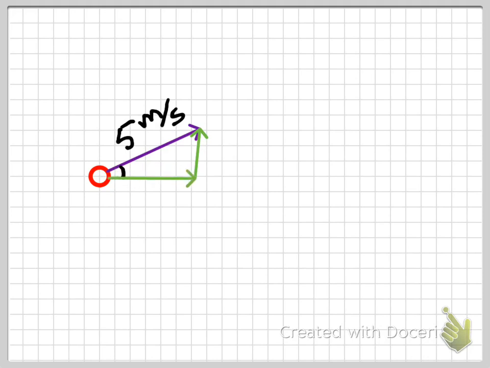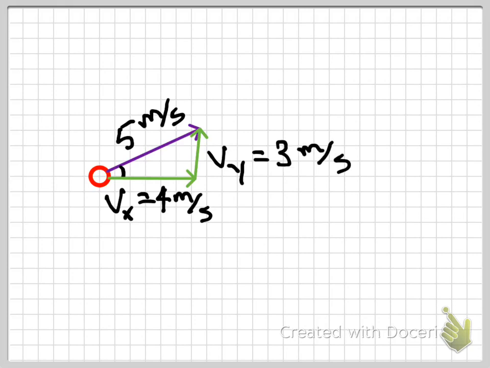Right? So it turns out, for something launched at this speed with this particular angle, that specific angle will be 37 degrees, but that's not important. You would need an x velocity of 4 meters per second, and you would need a y velocity of 3 meters per second, right? So this was a 37 degree launch angle. Okay, we're not all into trig and angles, so I'm not going to stress on the angle portion.